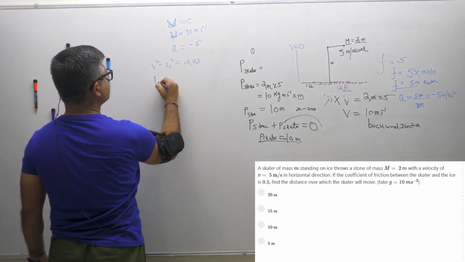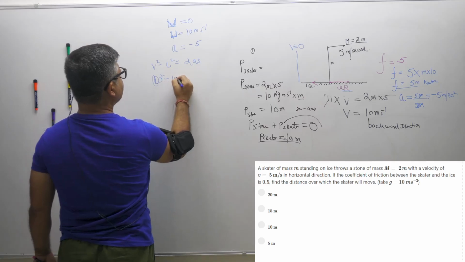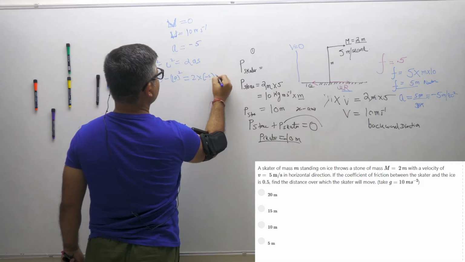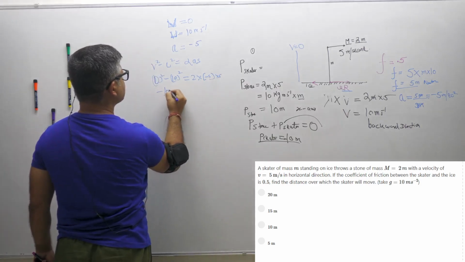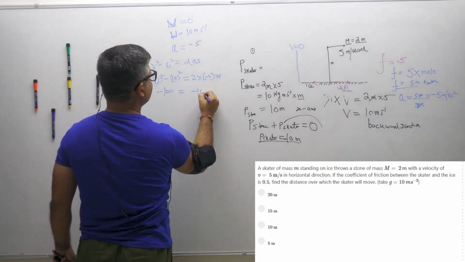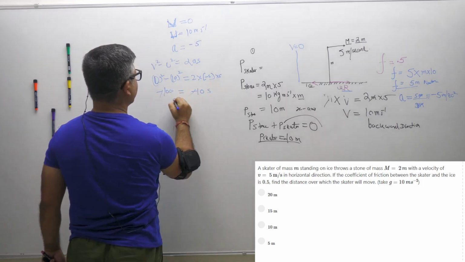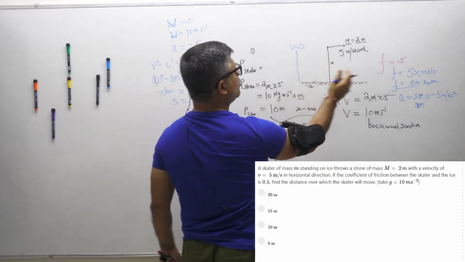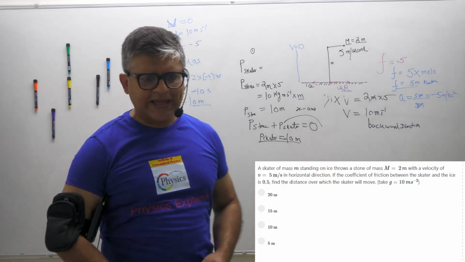So this is 0 square minus 10 square is equal to 2 into minus 5 into s. So this is minus 100 is equal to minus 10s, and therefore s is equal to 10 meters. So the skater will move through a distance of 10 meters.